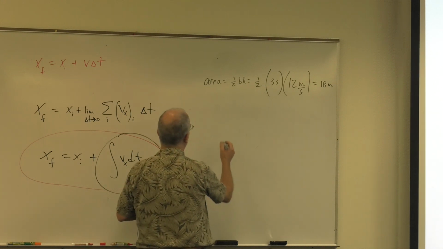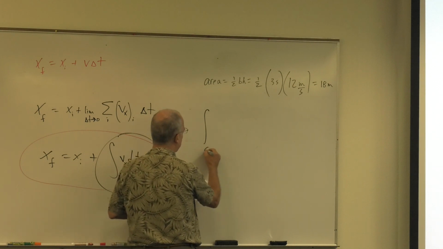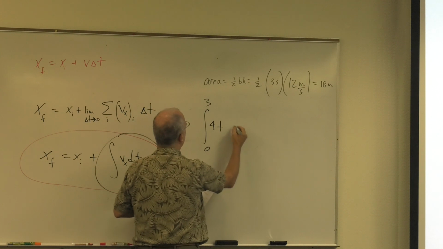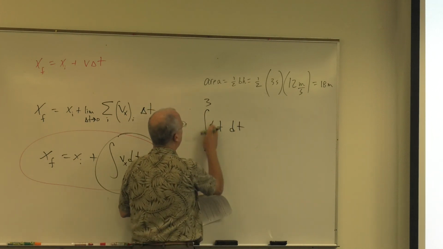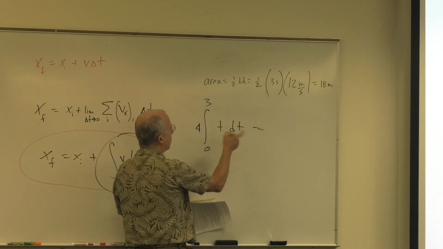The second way, we just do the integral. Time goes from 0 to 3, and it's 4t dt. If you want, you can put the 4 outside. What's the integral of t? t squared over 2.